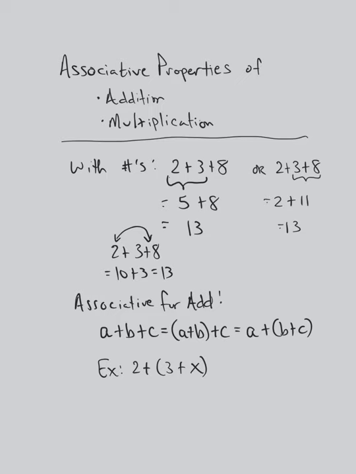But what I can do is use that associative property. The way this is written, it's like this part right here, but the associative property says I can regroup that into adding the first two things together. So instead of writing it that way, I could just as easily write it where the 2 plus 3 is grouped together, and then I would end up with 5 plus x, something that I can combine together to make simpler.